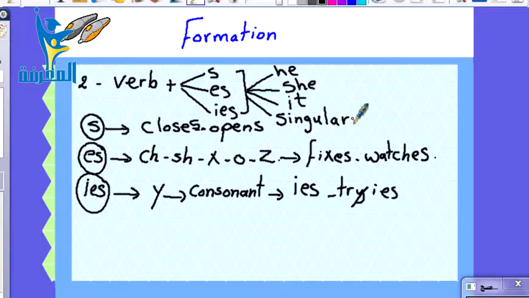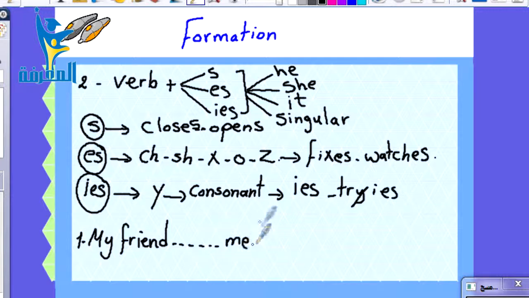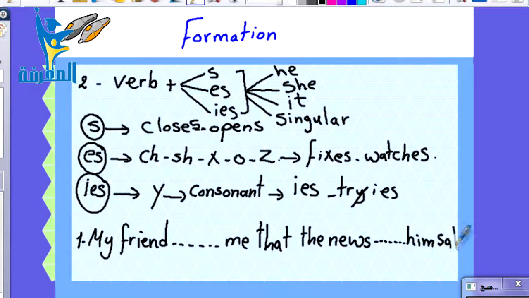Let's have an example to confirm our word. My friend ___ that. The news ___ him.